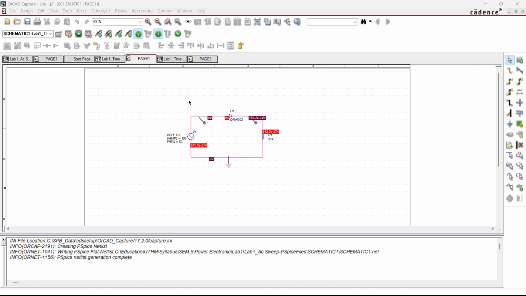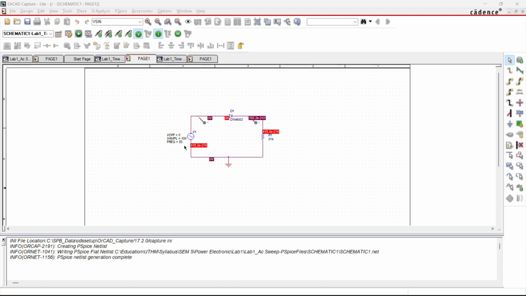After we run the simulation, we get the voltage in diode 1 of 193.2 volt, and the current in resistor 1 we get 615.2 ampere.